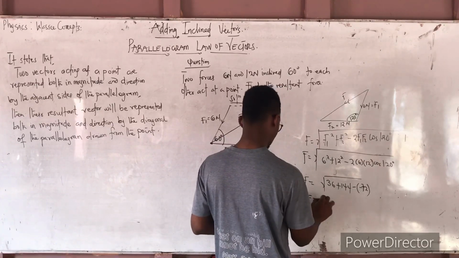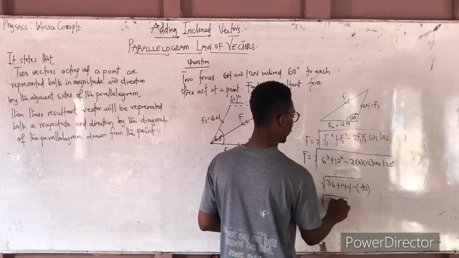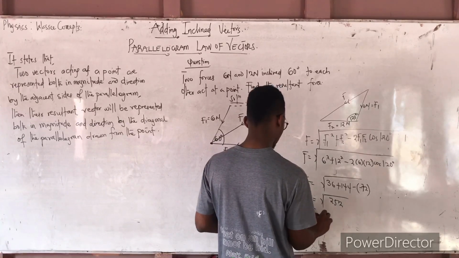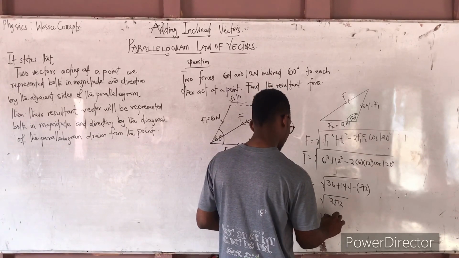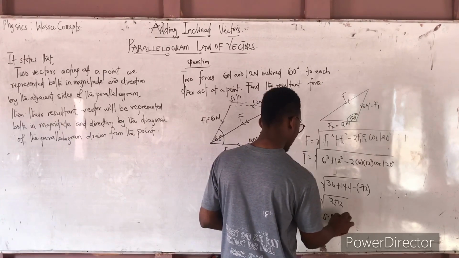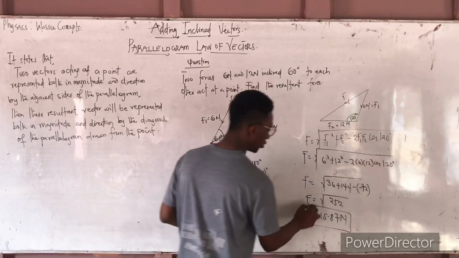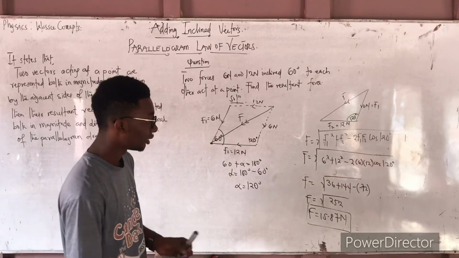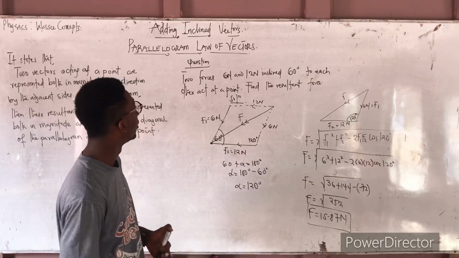And you get F is equal to root of 252. And finally, the resultant force will be 15.87 Newtons. So this will be your resultant force, which is 15.87 Newtons.